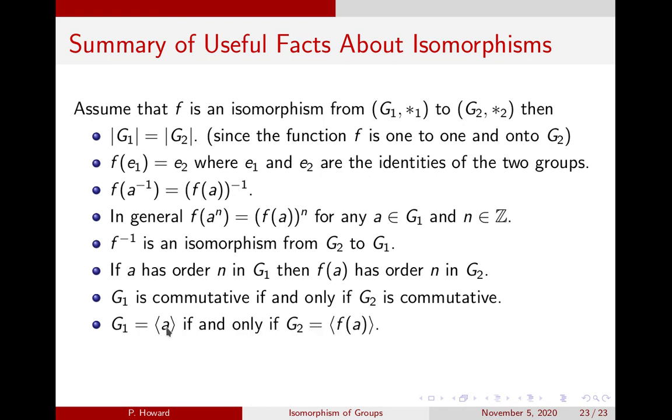G1 is the cyclic subgroup generated by a if and only if G2 is the cyclic subgroup generated by f of a. And it follows that the group G1 star 1 is cyclic if and only if G2 star 2 is cyclic.